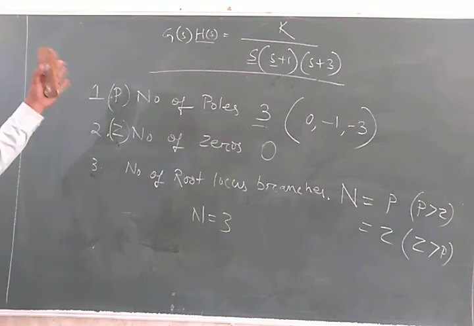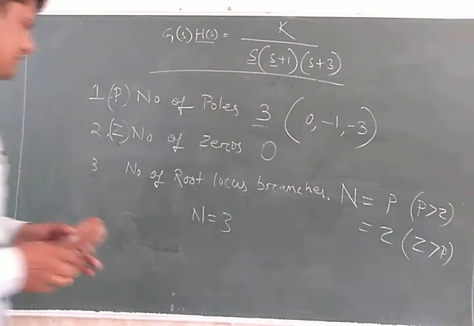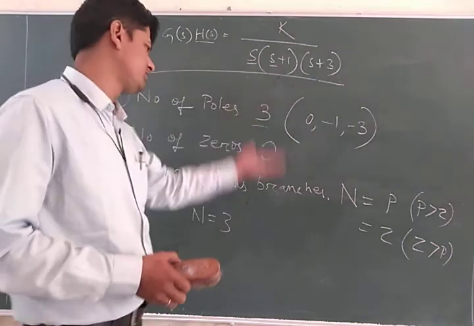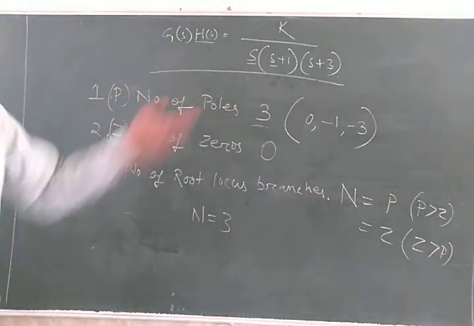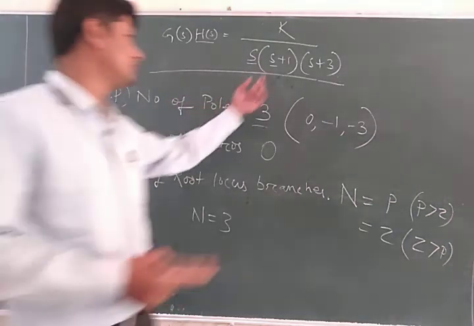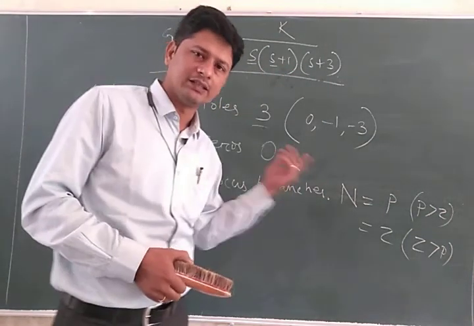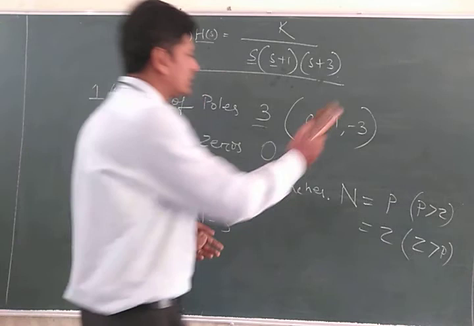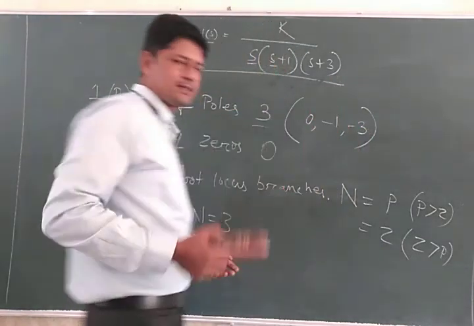This is point number 1, 2, 3. We can directly know this by just visualization or by just finding the roots. In some problems, we may also encounter second order terms, which can give complex roots.